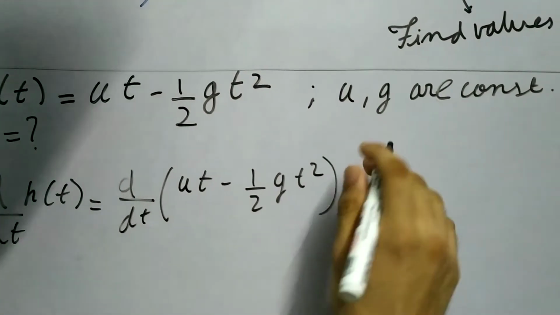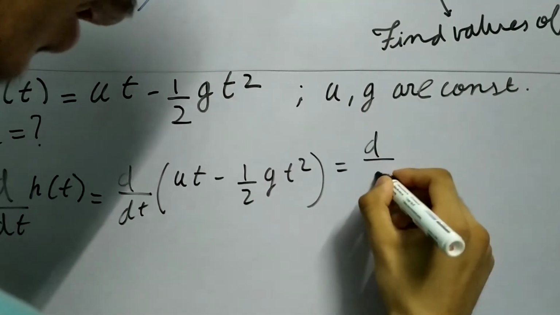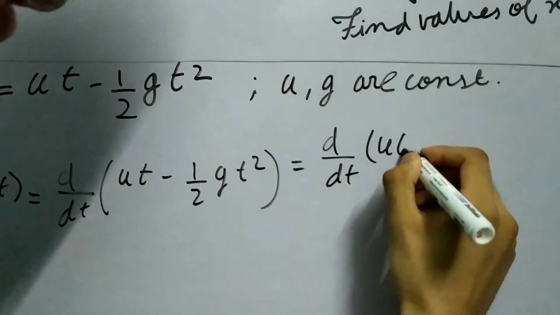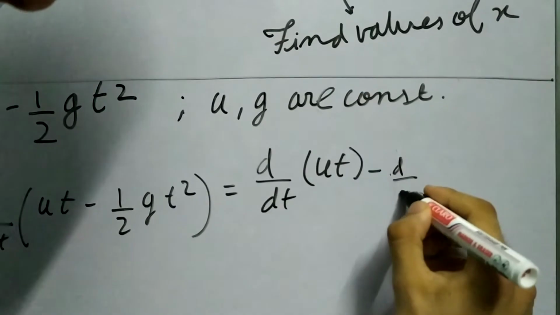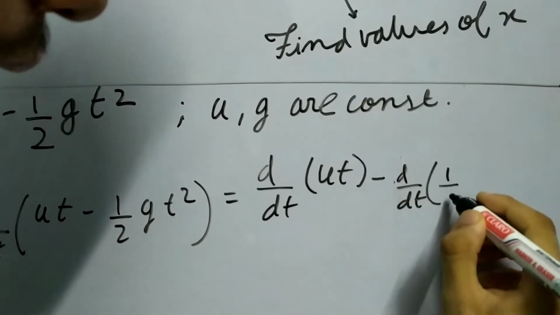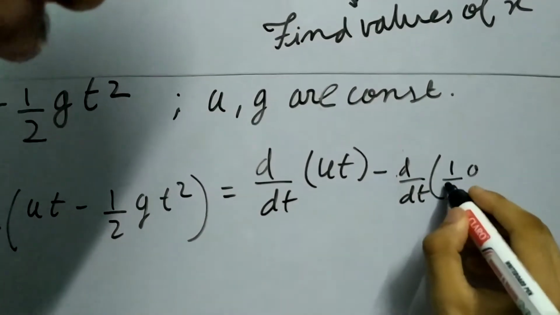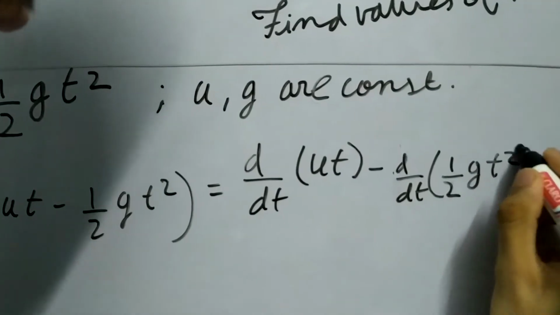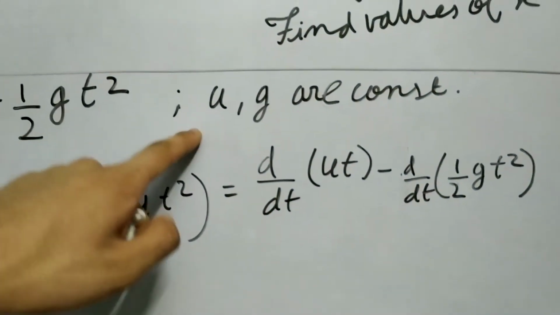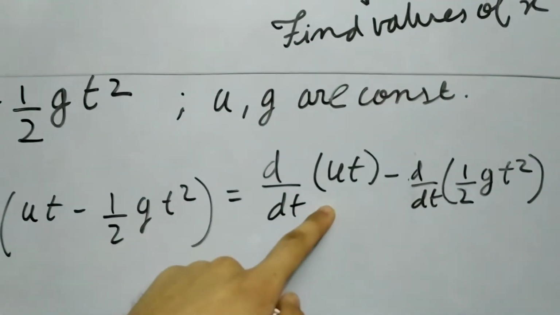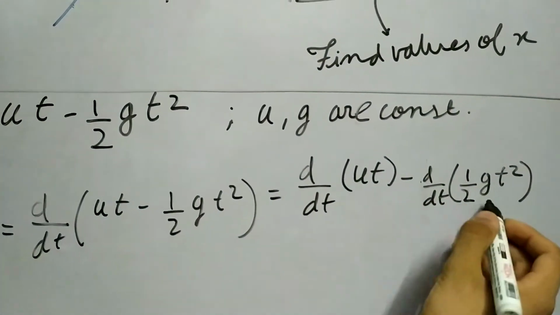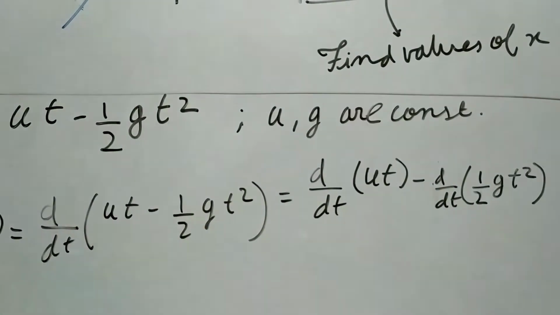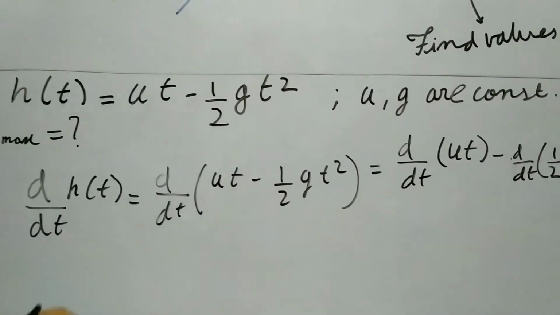This is d by dt of ut minus d by dt of half g t square. Now u and g are constants, and those who might know, this is the initial velocity and this is the acceleration due to gravity, but we need not worry about these things right now.